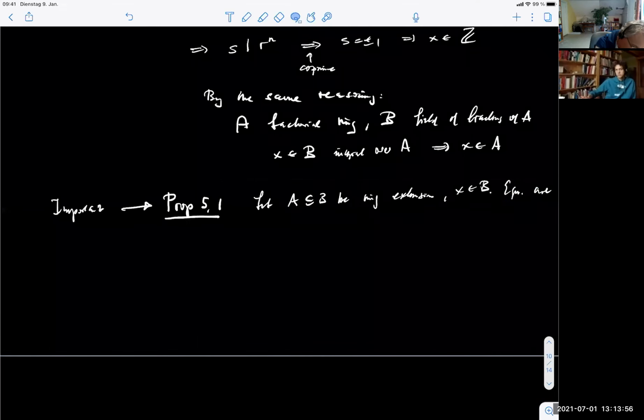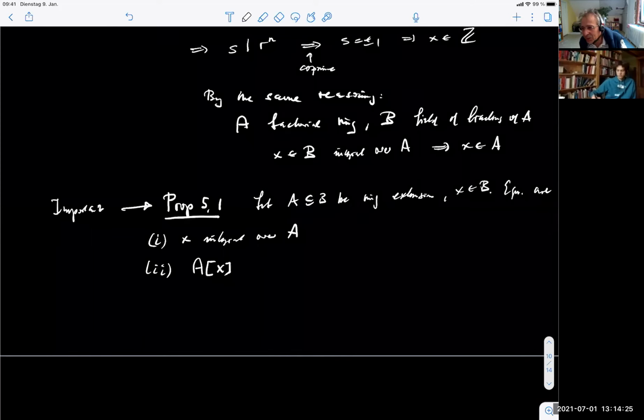Good. First condition, that's what I'm interested in: x is integral over A. But I want to have other conditions where I don't have an explicit equation that are somehow easier for proofs. Condition 2 says, let's look at the ring generated over A by X. I denote it this way, A[x].